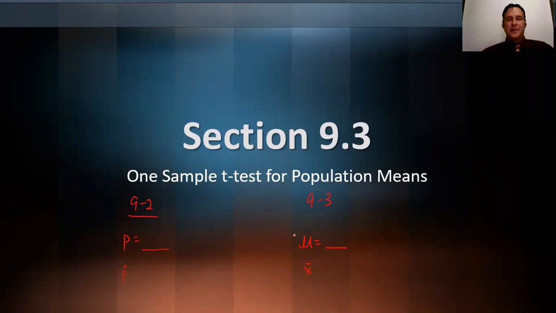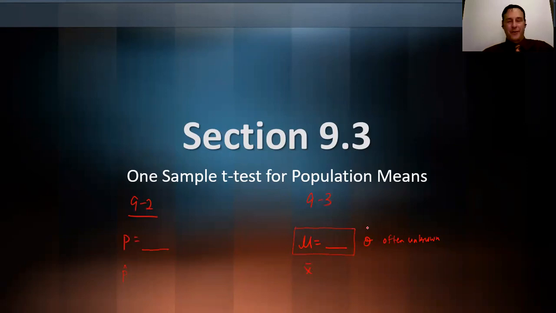Again, because these are in general very difficult to find. Further, if the population mean is hard to find, then oftentimes the population standard deviation is also difficult to find and is often unknown. Why is it unknown? Well, in order to know the standard deviation, you have to know the population mean. If you don't know the population mean, this is impossible to figure out.